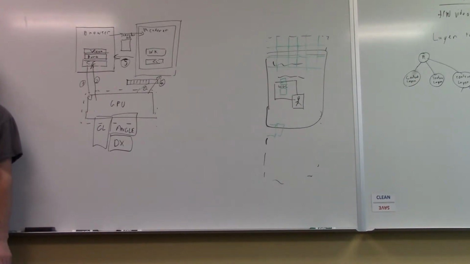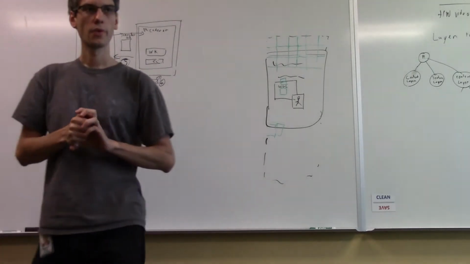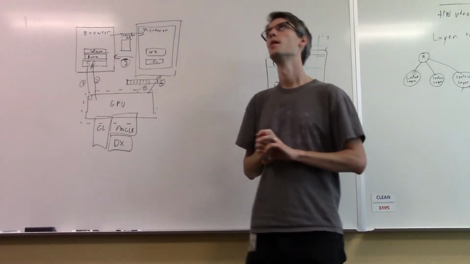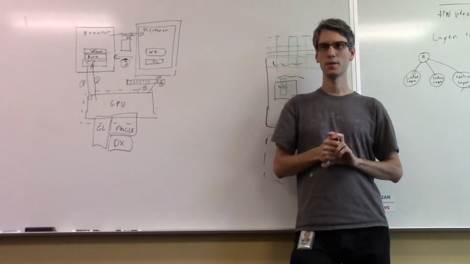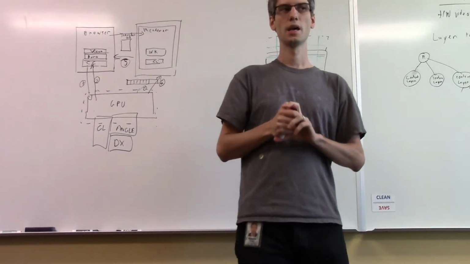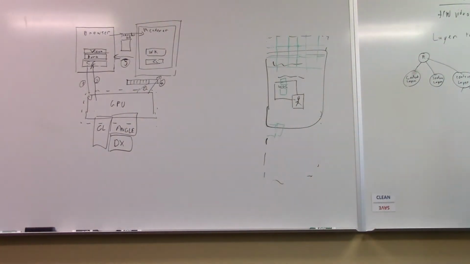Yep. Why couldn't we just have the browser send its UI layer tree to the GPU process and have the renderer send it to the GPU process, and then just do it directly there? That would save one trip, right? So when you say sending the UI tree, it's actually one of the things we explored. Or not, I mean, it doesn't have to be a tree, right?